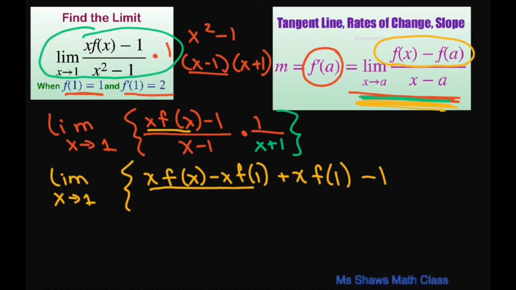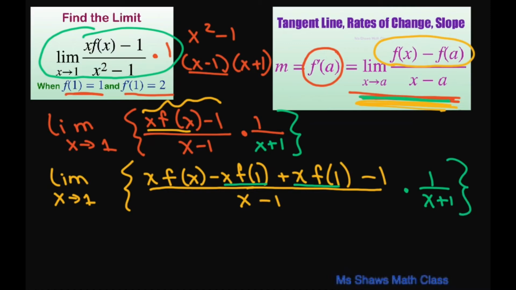Because now I have it looking like the numerator here, but I want to split this up. So basically, we still have x minus 1. That was just taking care of this piece, and all I did was do a little algebra trick here. And then we still have this 1 divided by x plus 1. From there, I can condense this now.